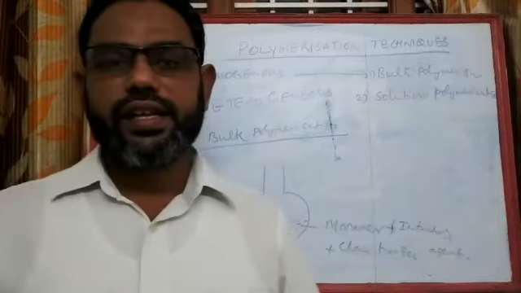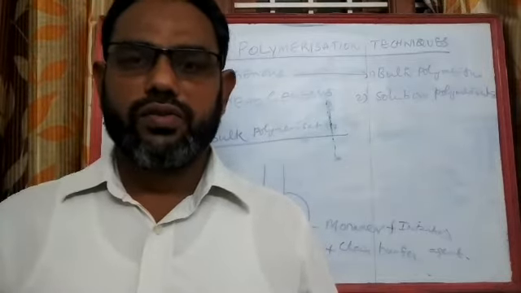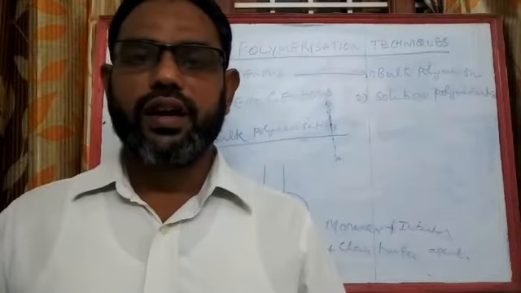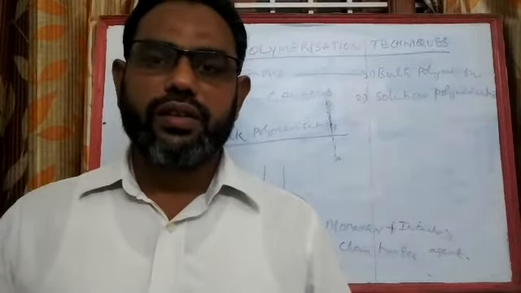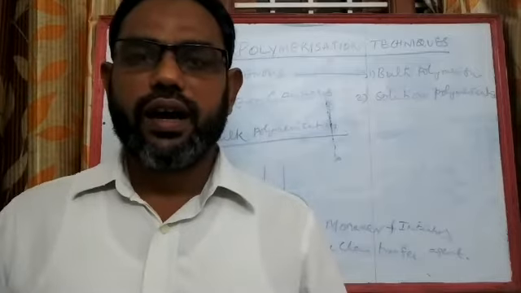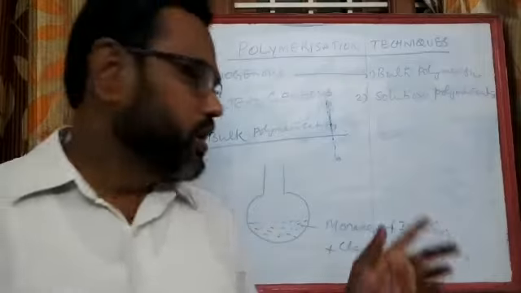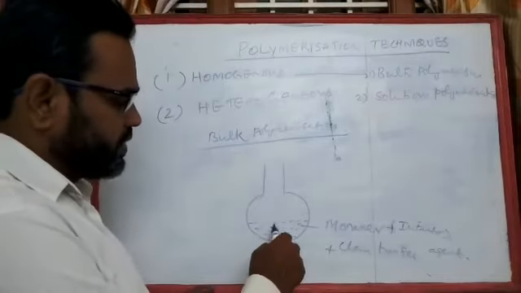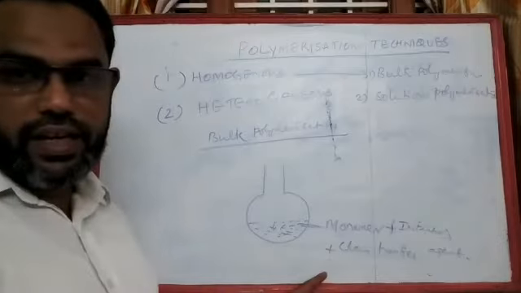The chain transfer agent controls the molecular weight of the polymer, or the chain length of the polymer. All three are taken in proportion and mixed. So you have all three here: monomer, initiator, and chain transfer agent.